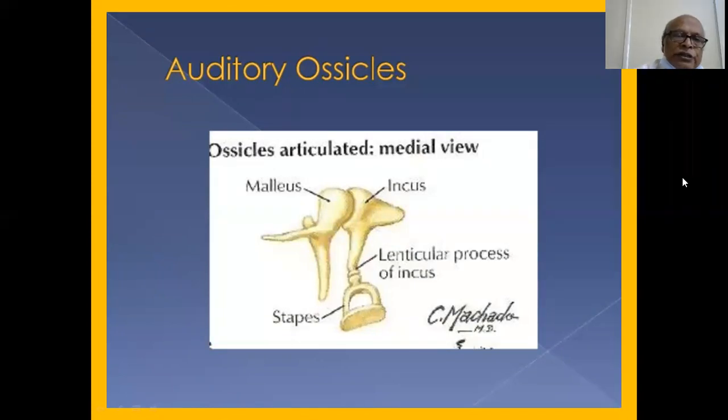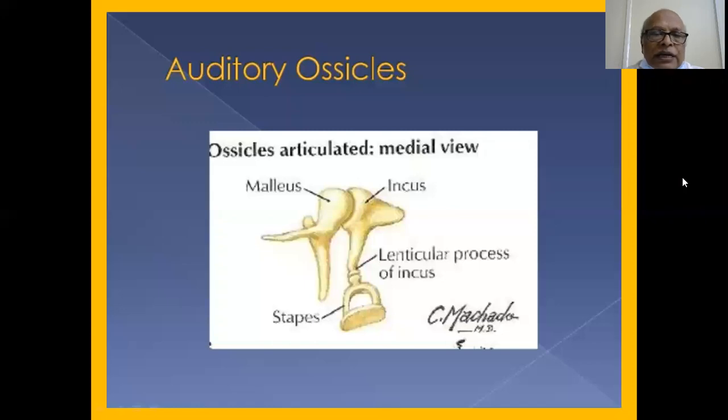In the attic region, it articulates with the body of the incus by means of the incudomalleolar joint, which is a synovial joint. The incus has a body, a short process, and a long process.